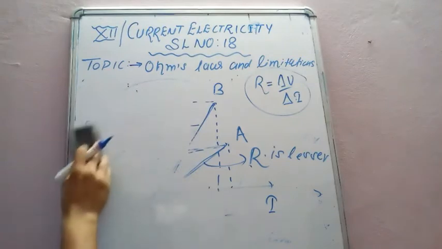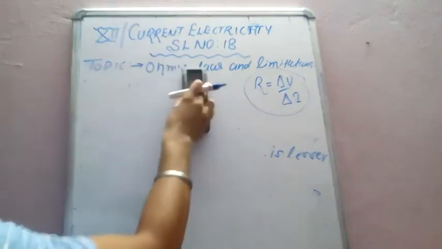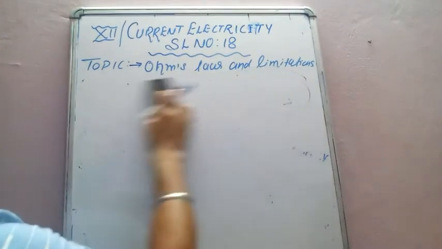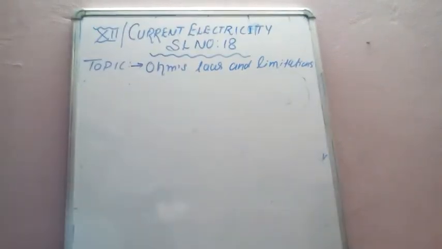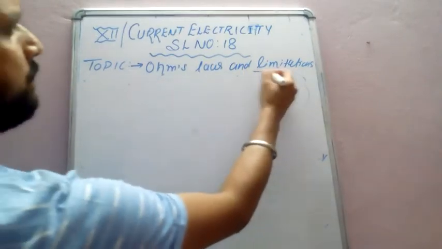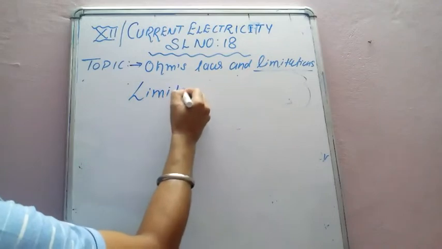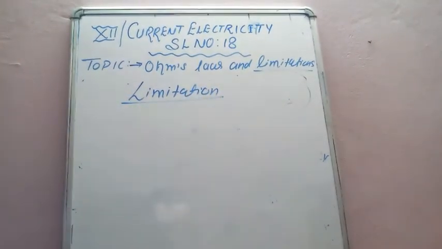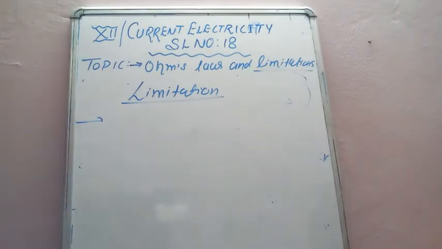Next, for all conductors which are good conductors of electricity, especially metals, Ohm's law is applicable. Now let's come to the limitations. We can take the limitations as given in your NCERT textbook.